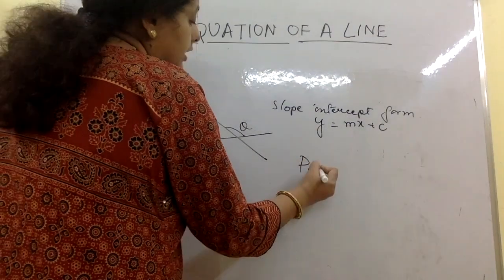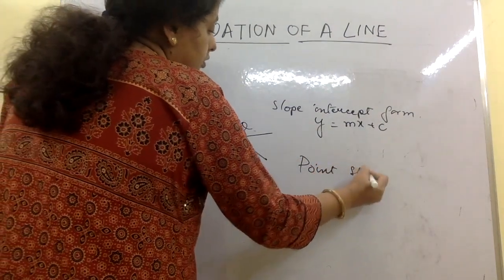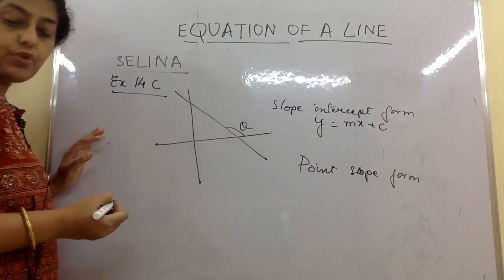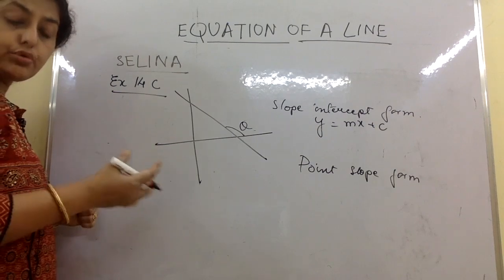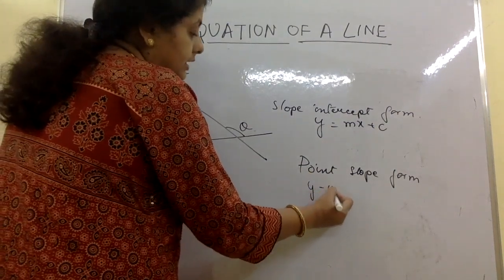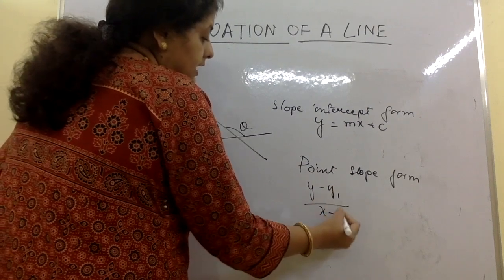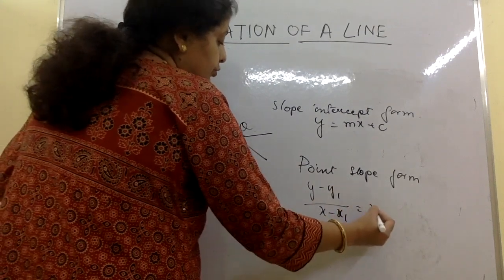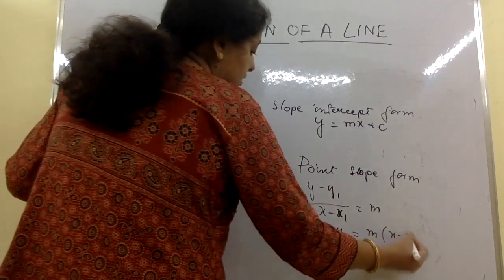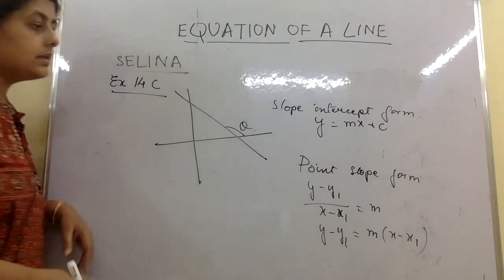The point slope form. Okay, this is nothing much but what you have learnt, how you have learned to make the slope, right? So you did y minus y1 over x minus x1 is equal to m. Then y minus y1 is equal to m into x minus x1. That is the next one.